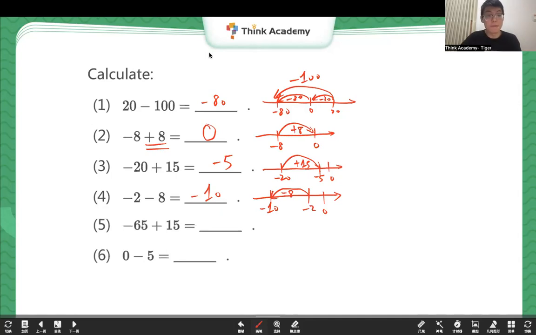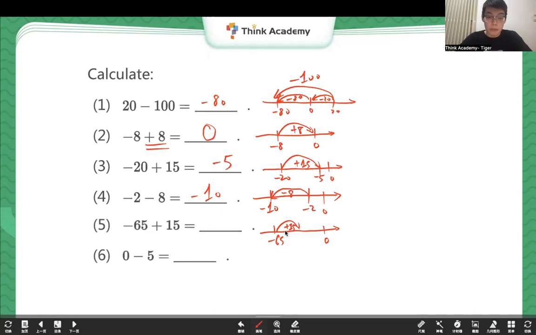Yes, that's right. And -65 adding 15, well, we just do the same thing. If this is -65 and this is 0, if we are adding 15, it goes to the right. It moves 15 boxes closer to 0.